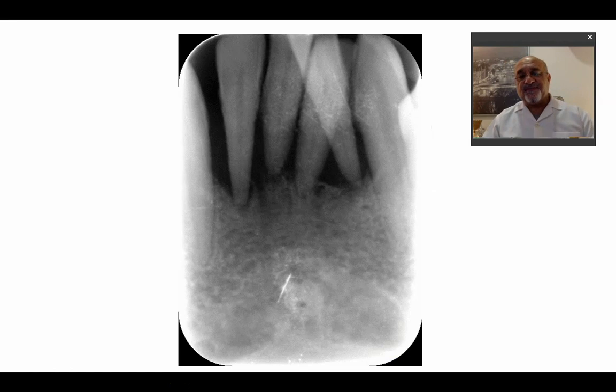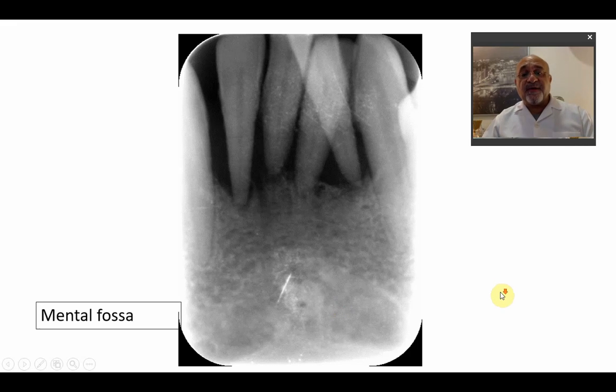more radiolucent. Here you will also see the lingual pit, as you can see it over here, and the mental fossa, those two depressions. However, the mental ridge is not as clear as we've seen them in the previous radiograph. But here you will see that the lingual pit is surrounded by a radiopacity. Don't mind this, this is a scratch in the plate. But you see those two radiopacities.